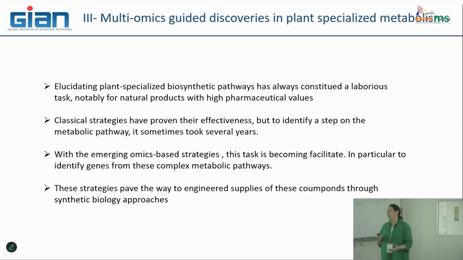It could take several years, depending on the difficulty to have access to this information, and mainly if this enzyme is part of one of the biggest families of enzymes, and it is always the question.